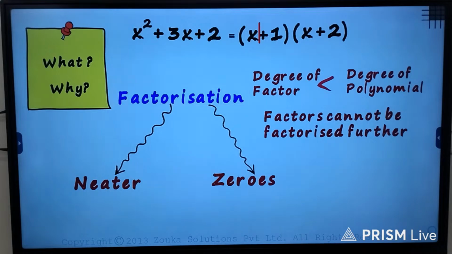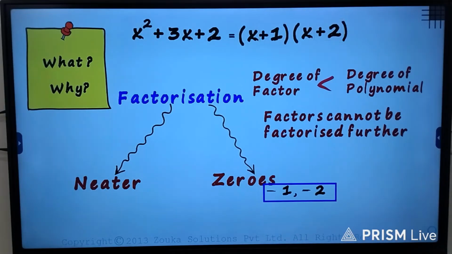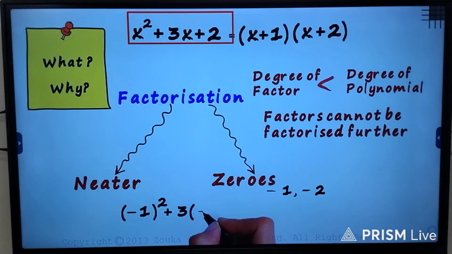Observe these numbers, plus 1 and plus 2. The opposite of these numbers gives us the zeros of this polynomial. The opposites of plus 1 and plus 2 are minus 1 and minus 2. These two numbers are called the zeros of the polynomial. Substituting minus 1 in the original polynomial, we get minus 1 squared plus 3 into minus 1 plus 2.